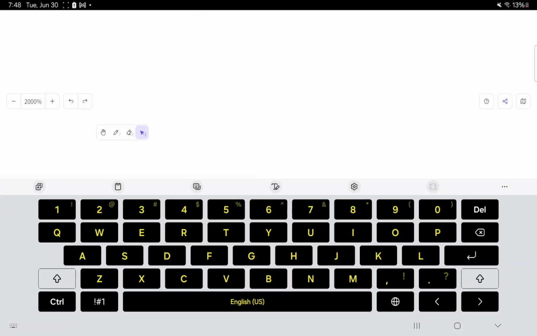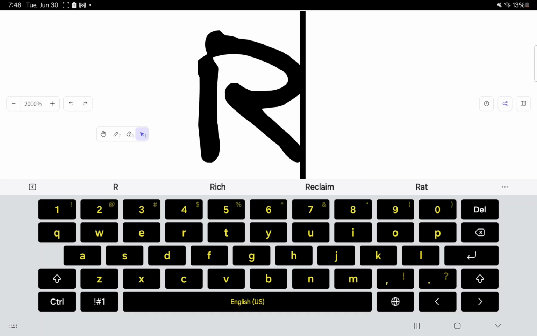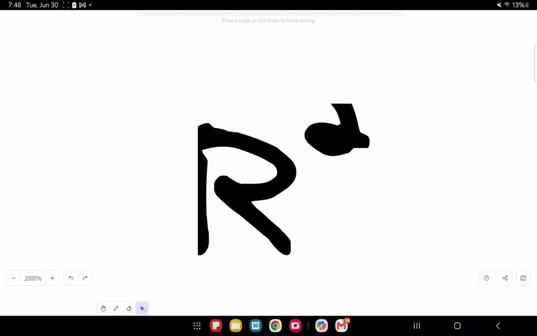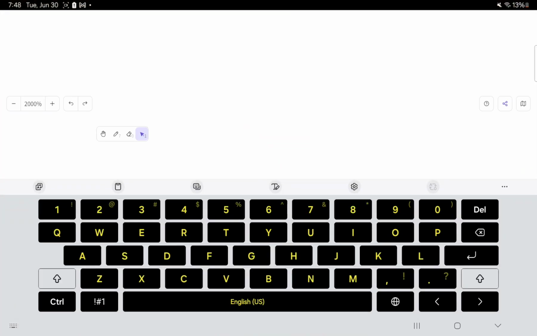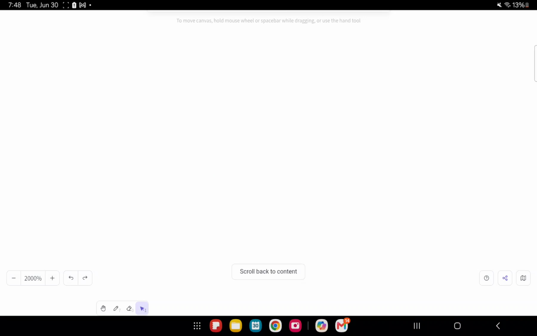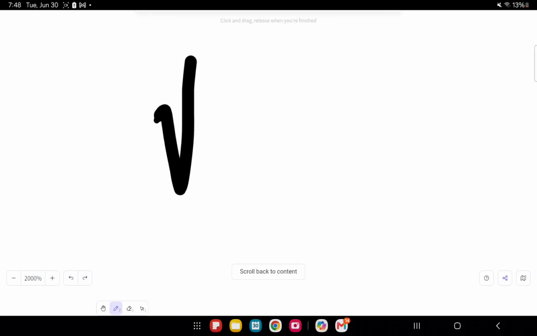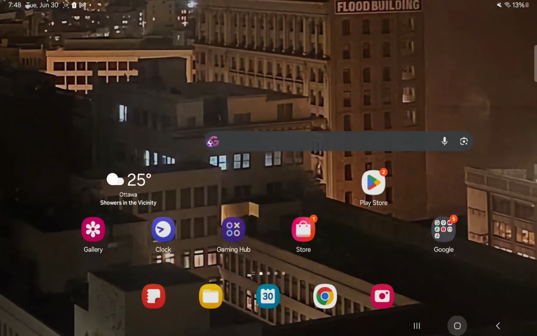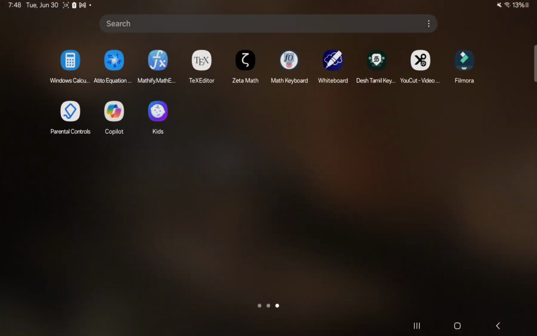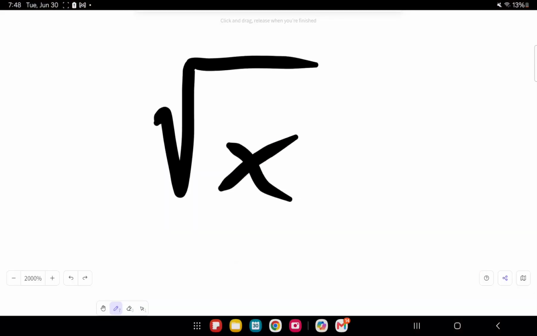If we have it all squared, that looks like a 2. If we take the root of any number called x, let's do this, then do that. Come back.